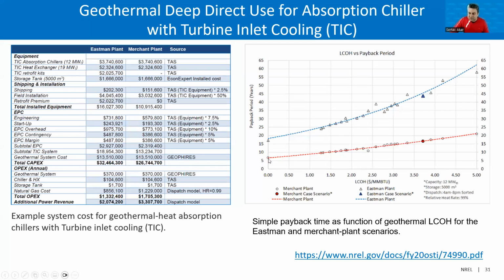And for this one, even lower, but this assumes the LCOH is 0. That means geothermal is free. Even if they give the geothermal power or heat for free, there's like six years of payback time for that $26 million upfront cost.